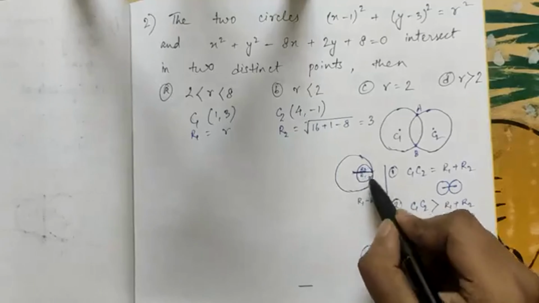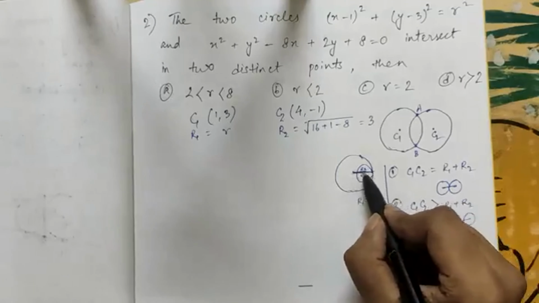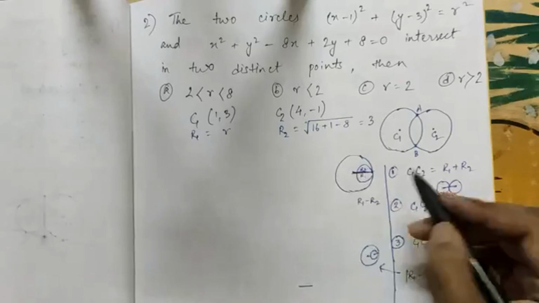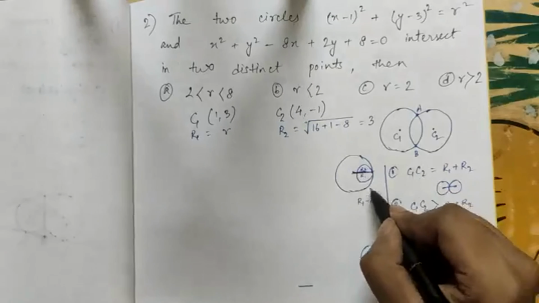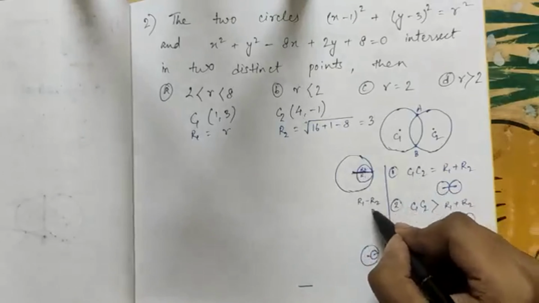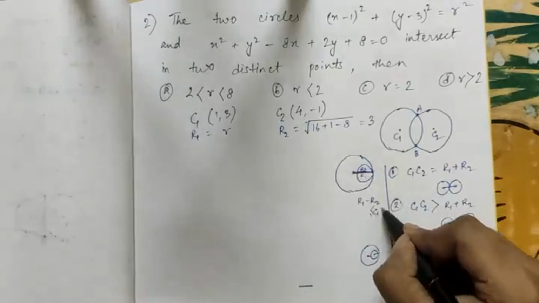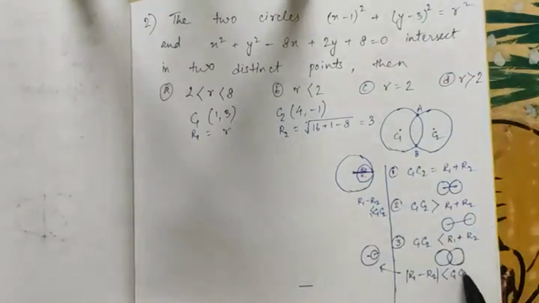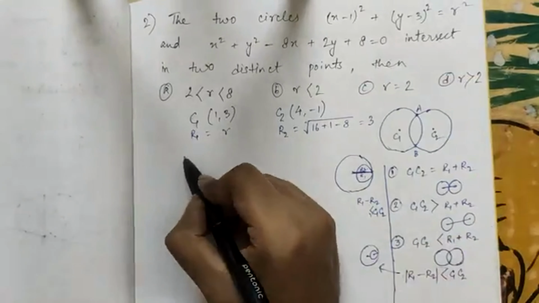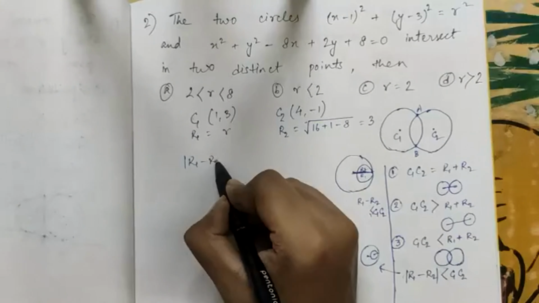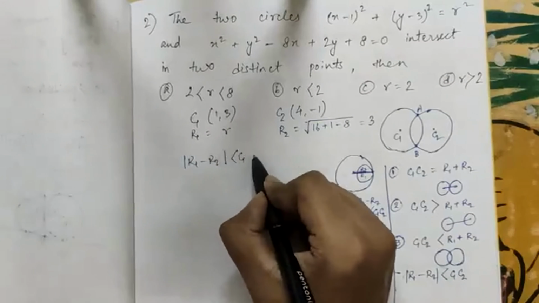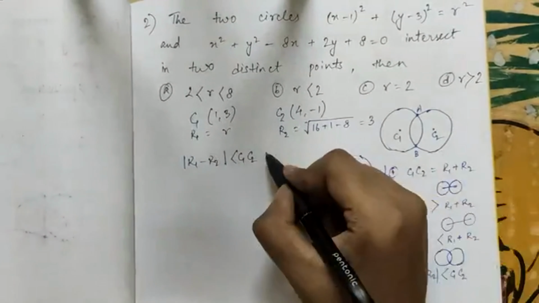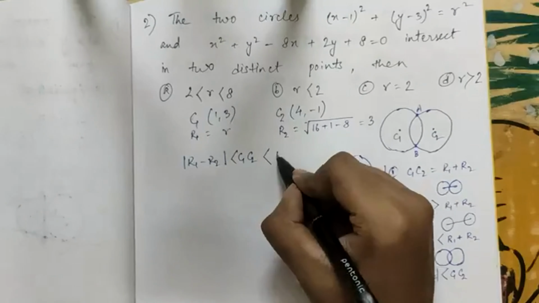If I cancel r2 from r1, the remaining portion will be this one, that is C1C2. If this can be equal to or less than C1C2, then one circle will lie inside the other. So in this case I can take it as mod r1 minus r2 is less than C1C2. Because I'm telling you why.